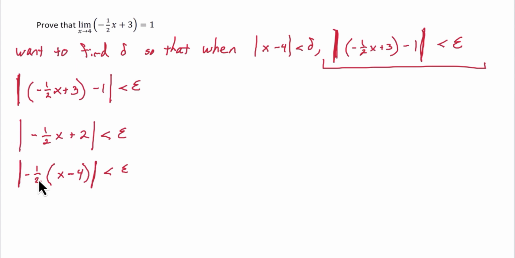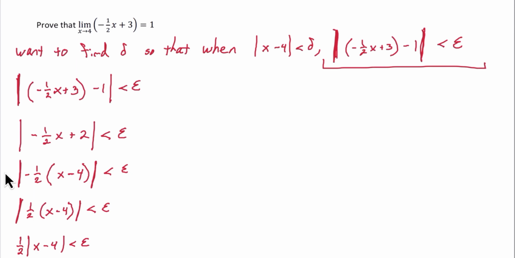Notice that we have negative 1/2 here, but it's inside the absolute value. So we can make that a positive 1/2. Since it's inside the absolute value, it's going to be positive. So we can force it to be positive. And similar to what we did last time, we can pull that positive 1/2 outside of the absolute value.